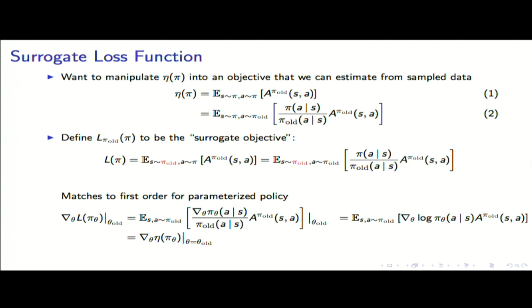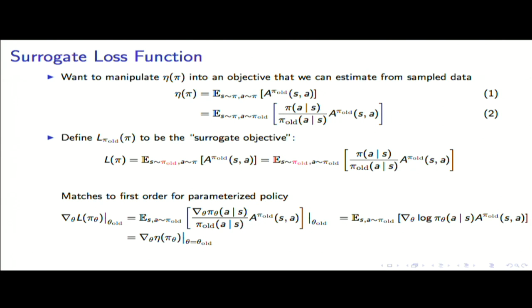So what we do here is we define this objective called L, and we subscript it by pi old because it's also going to depend on the old policy that we're using for sampling, but it's going to be a function of pi, the new policy. So this is going to be an approximation of eta of pi, where pi is near pi old.